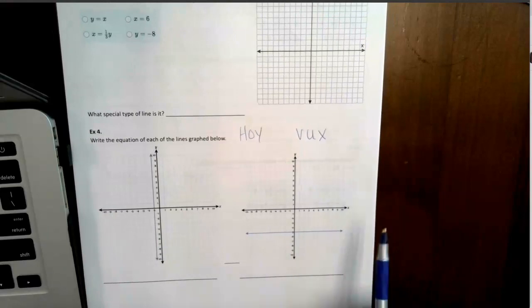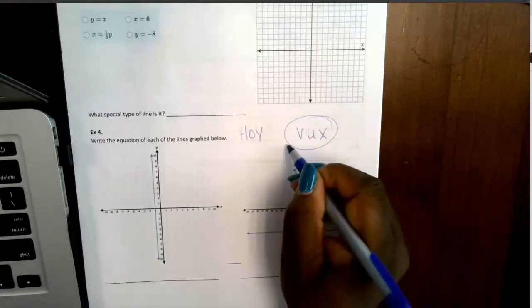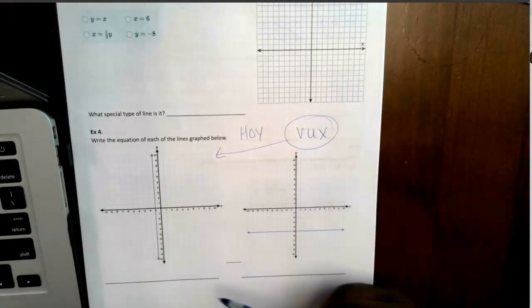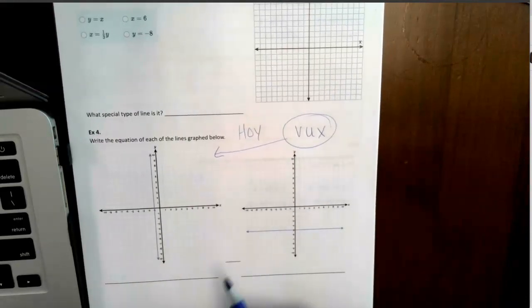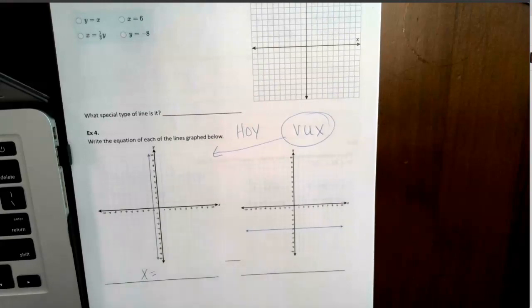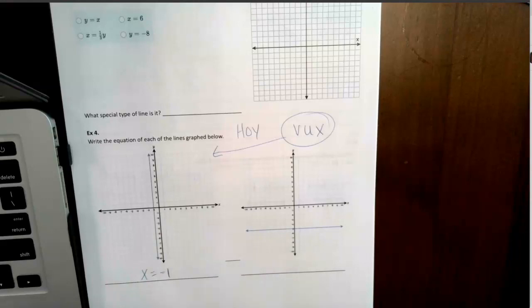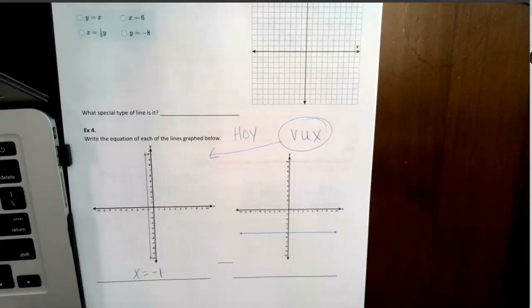So you should be using the one that says VUX. A vertical line has an undefined slope, and it should read x equals a number. In this case, x is equal to -1. So that's a quick way to do it when you're looking at graphs.